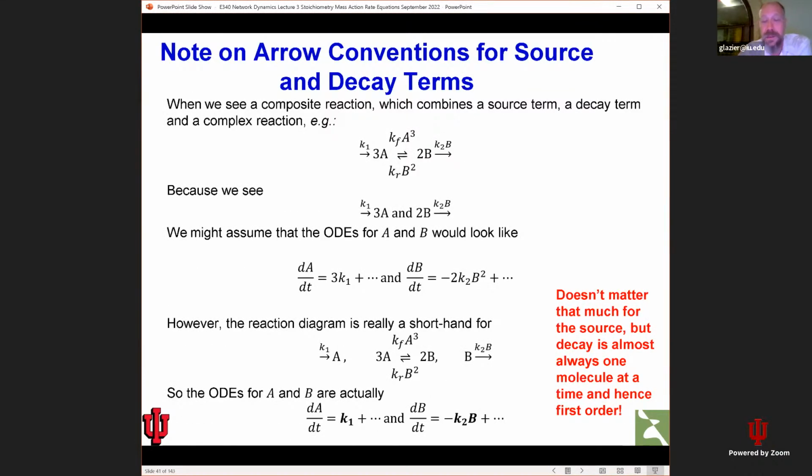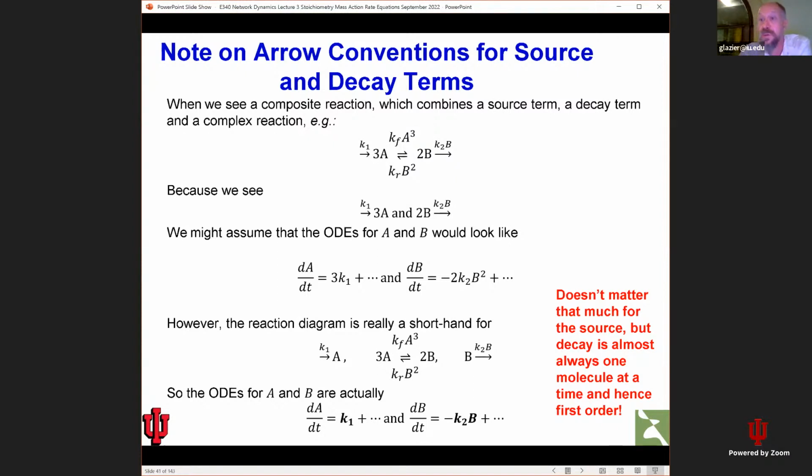Okay, so one of the things that you're going to run into is, again, notational problems. If you see an arrow, and the only thing you see on the arrow is lowercase k. In other words, I wrote 3A goes to B, and I write kf on top of it with no A cubed.